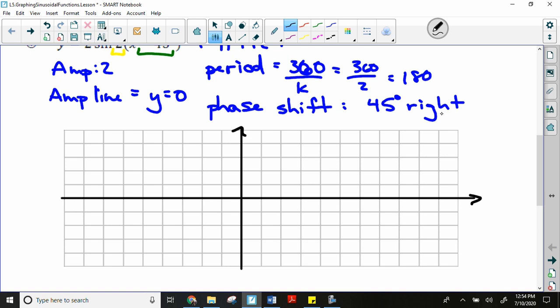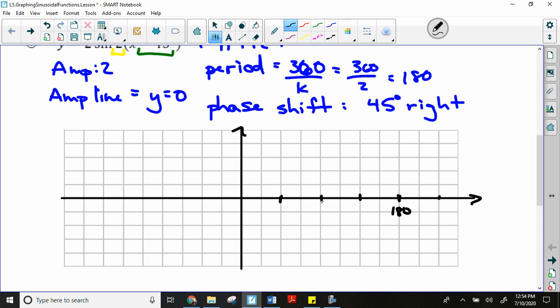I'm going to let every 2 blocks represent one step. So here's our 180 right there, and then there'd be 1 there. So there's our 4. I didn't have to draw that one, I just put it to show you that we're going every 2.